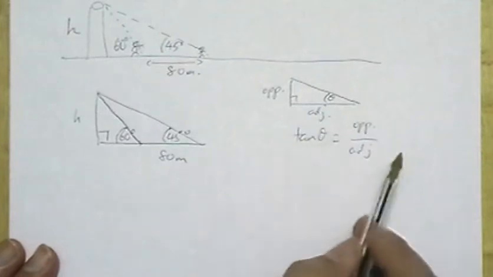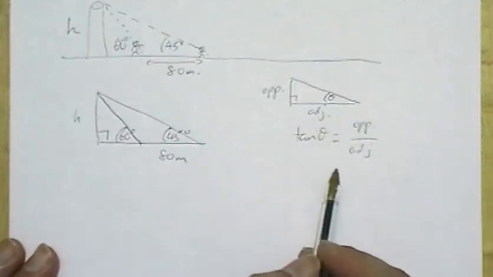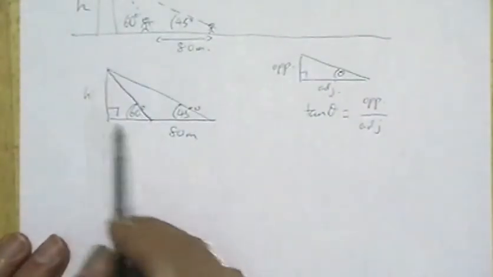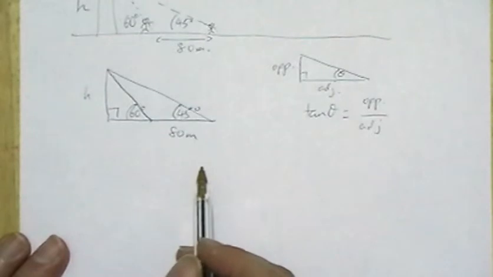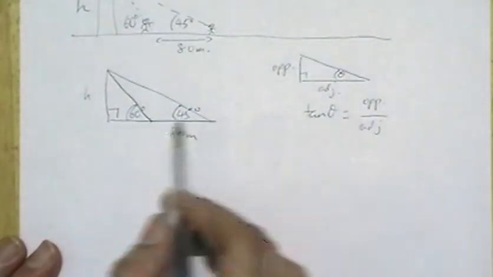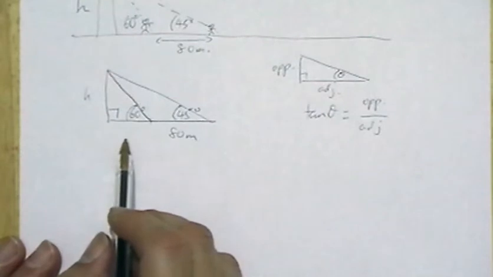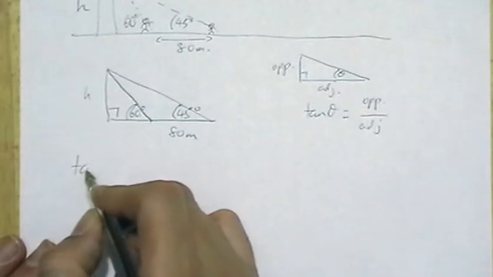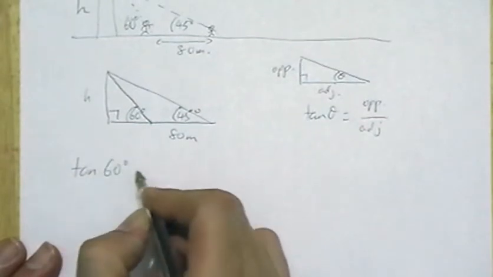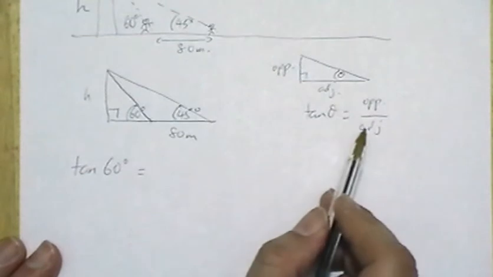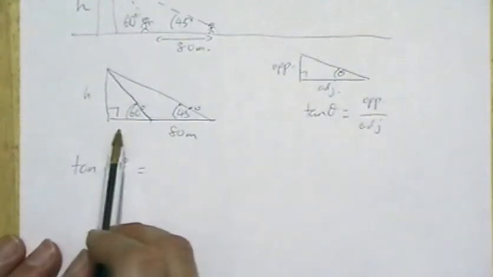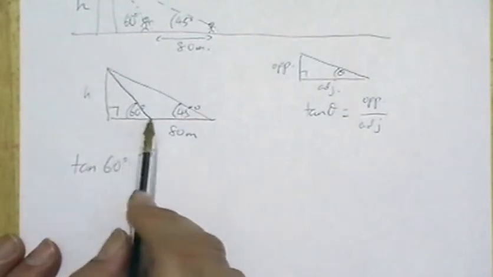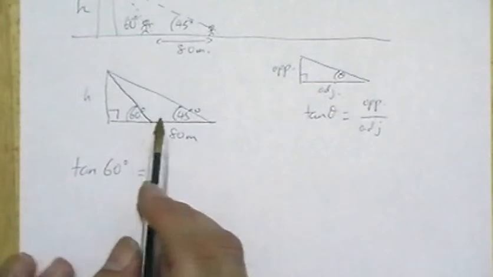So we can try using this tangent formula here. Let's see what we can do. There are two angles here, so let me think about, say, that angle. If I want to think about tangent of 60 degrees, then according to this relation, tangent 60 here should be the opposite over this adjacent, but we don't know what that is.